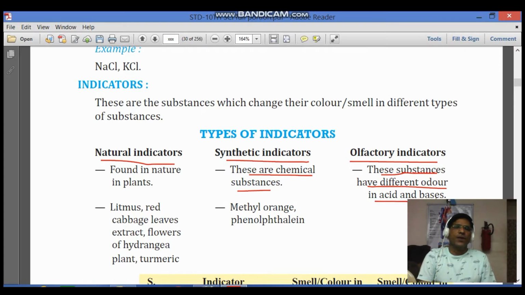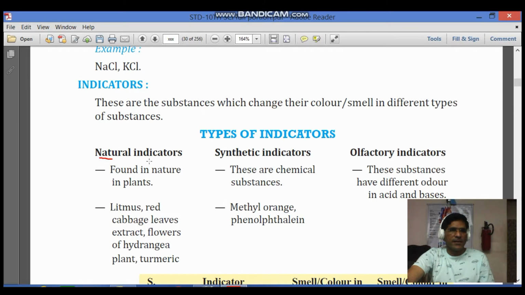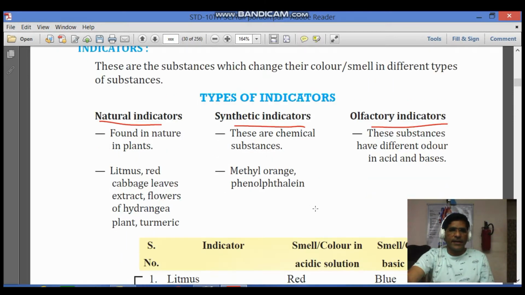If something good is being made in our kitchen, it has a good smell. In perfumes we also see different types of smell, related to acid and base. So the three types are natural, synthetic, and olfactory indicators.